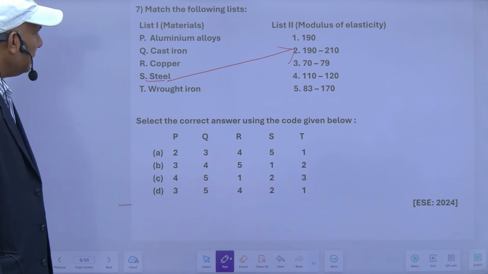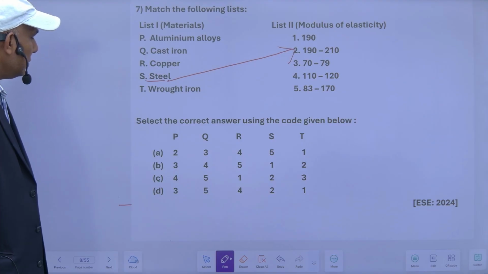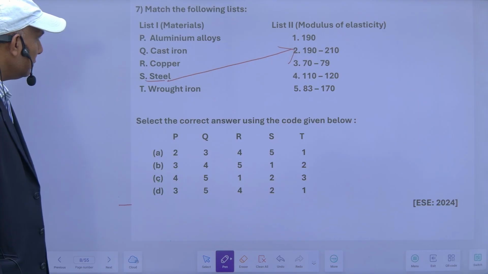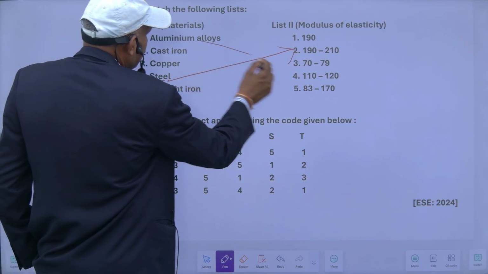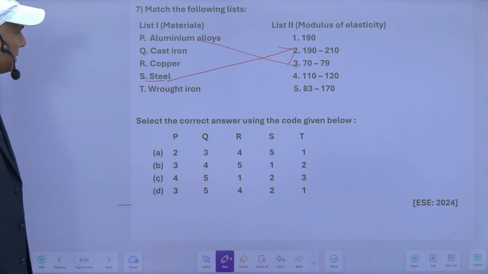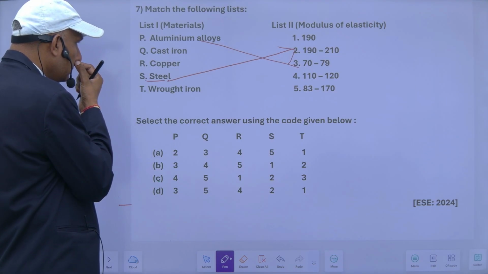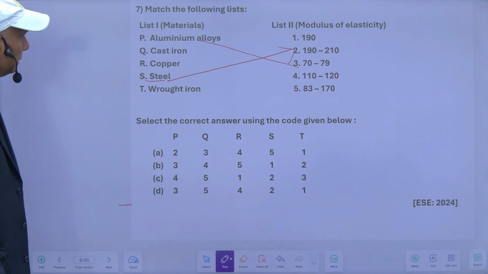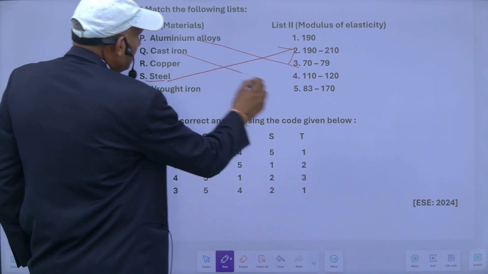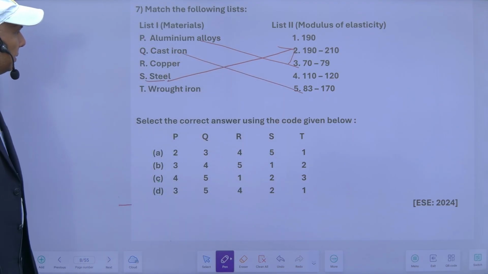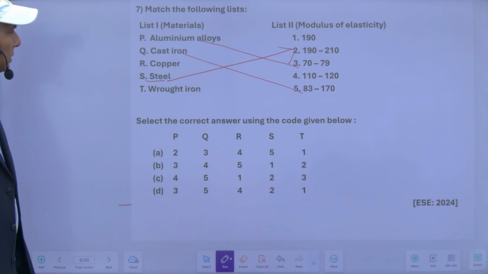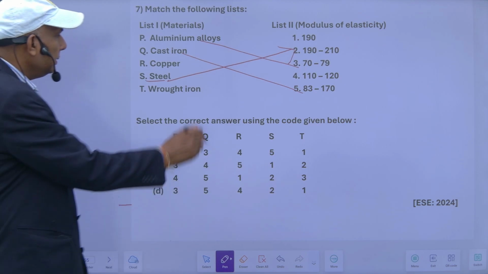P is aluminium alloys, so its modulus of elasticity is here, and Q, cast iron's modulus of elasticity is P 3.10, and the modulus of elasticity of copper, R, is around this one.